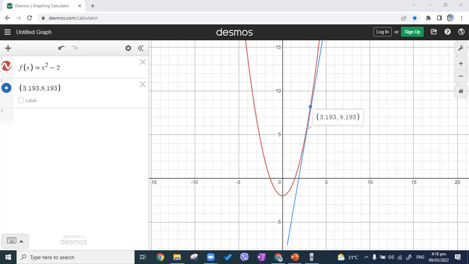Okay, so kanina, dinefine din natin, for example, we have a secant line that looks like this, passing through the given point and another point on the parabola. Okay, so we have the secant line, right?